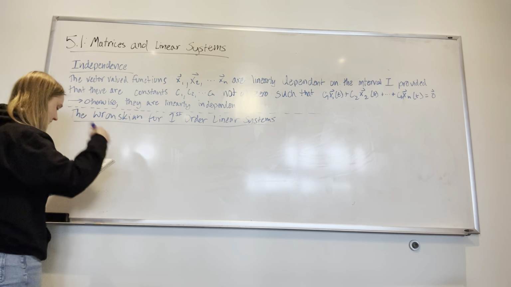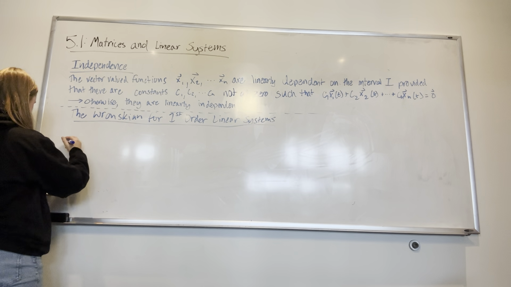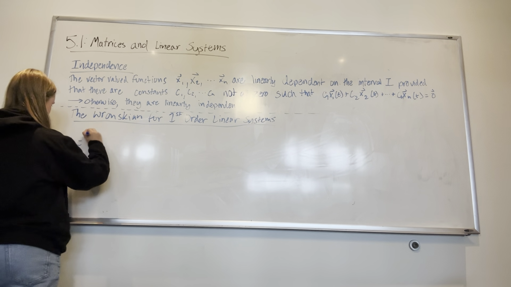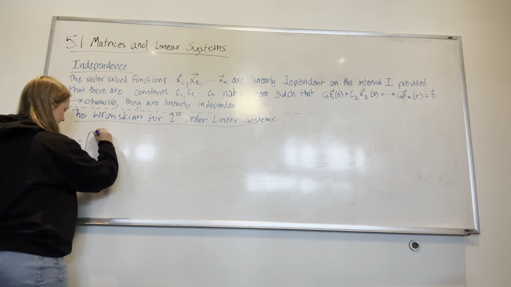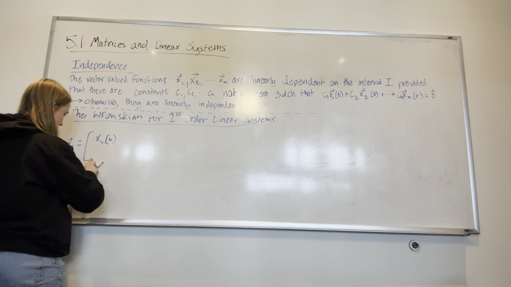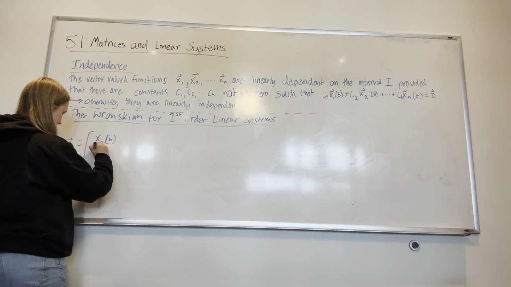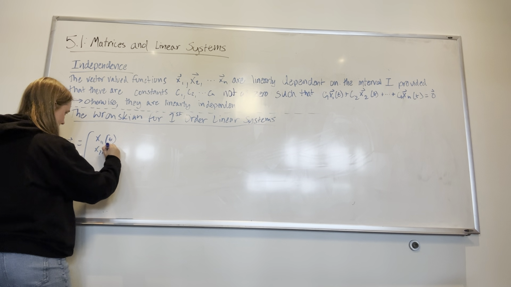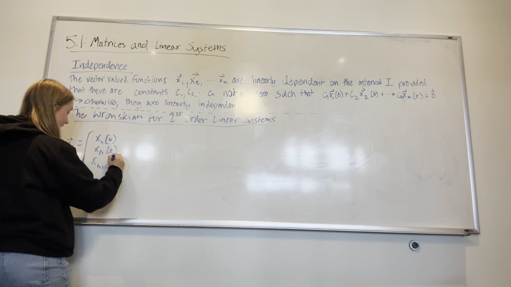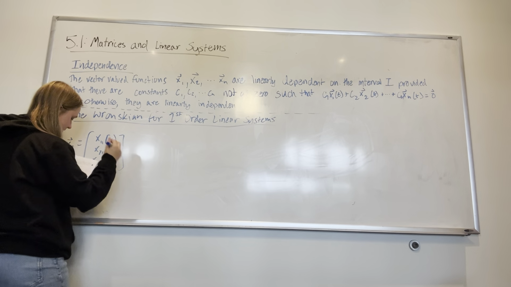So if we are given the solutions, just like I had earlier, let's say these are our solutions and they're going to be represented in this matrix. Go x sub 2, 1 of t, x sub n, 1 of t. Our column matrix, so that's one solution.